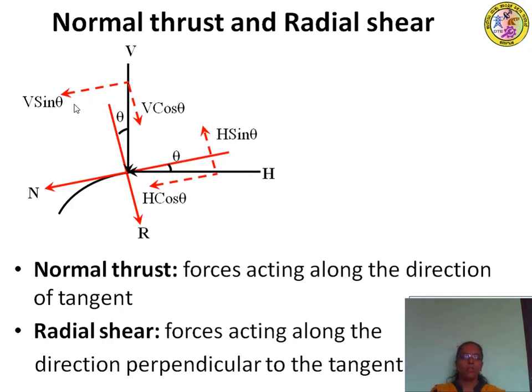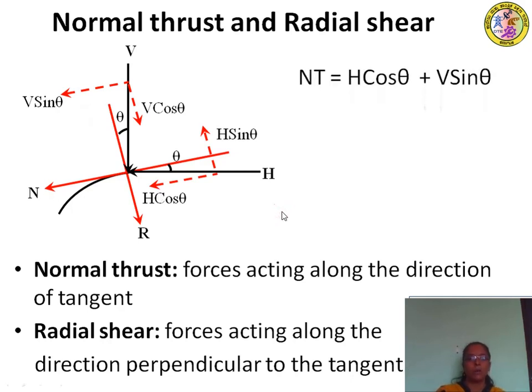Normal thrust is nothing but the forces acting along the direction of the tangent, that is N. So the forces along N are H cos theta and V sin theta. Both are in the same direction, therefore normal thrust is equal to H cos theta plus V sin theta. You have to apply this equation to find the normal thrust and radial shear.